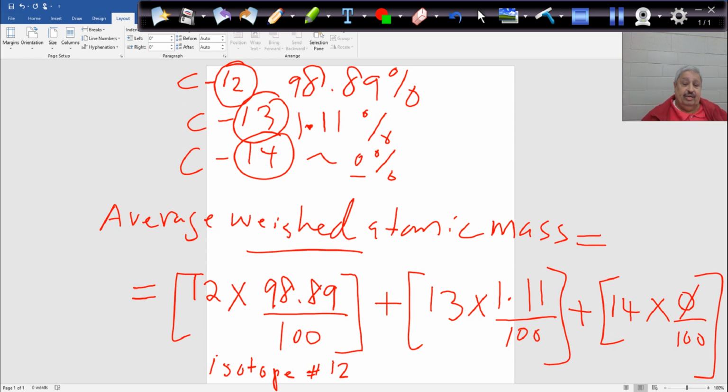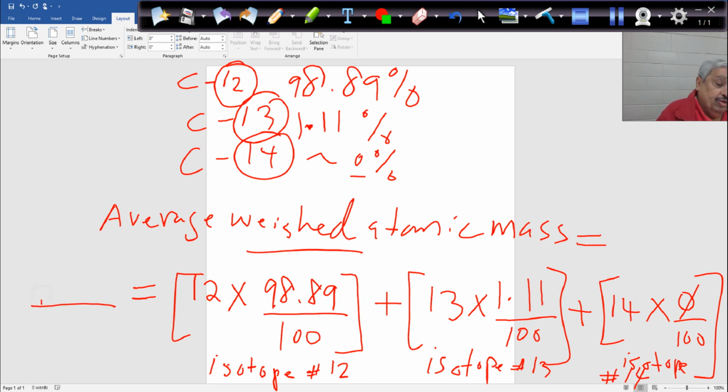So this is the average weight: you take the atomic mass of each isotope multiplied by its abundance divided by 100, that's the 100%. When you calculate, this value will be posted in the periodic table.